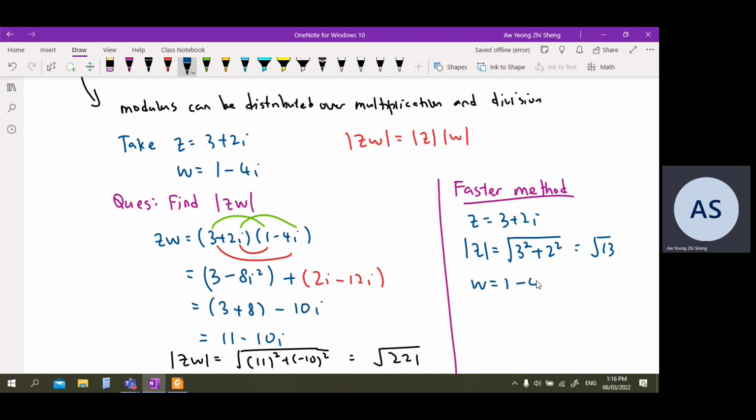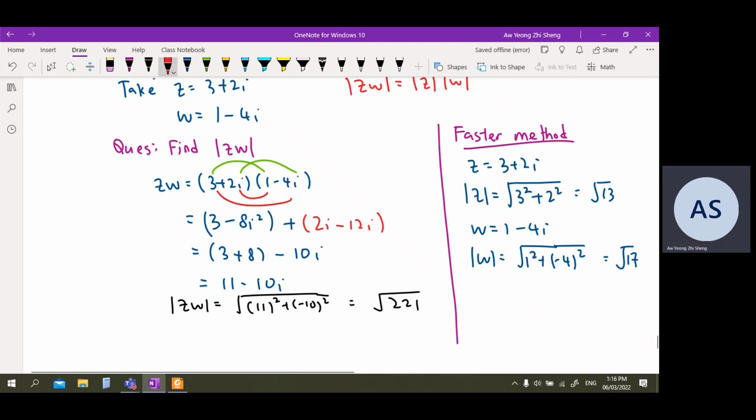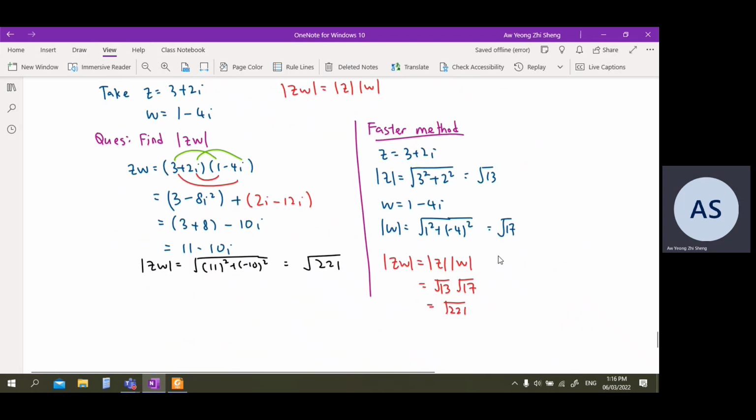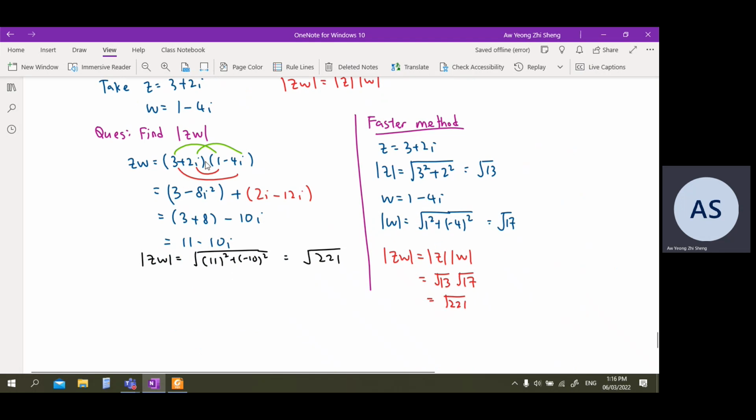W is 1 minus 4i, so mod of w is surd of 1 squared plus minus 4 squared, which is surd of 17. By applying the property, mod of zw is surd of 13 times surd of 17, which gives surd of 221.